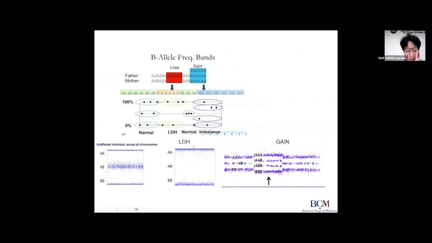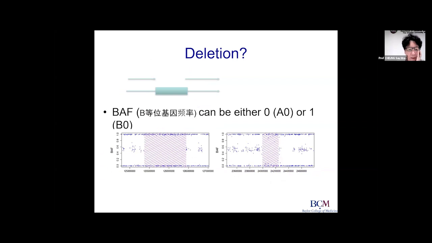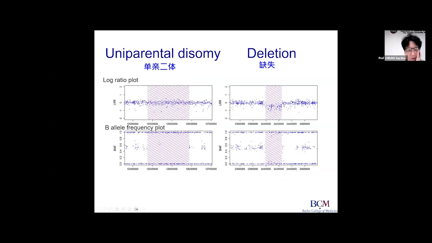But if there's loss of heterozygosity, then you don't have AB, either AA or BB. If it's a gain, then you would have AAA, AAB, ABB, and BBB. Then you have 4 lanes. So when it's a deletion, the B allele frequency can be either 0 or 1, because it's either A or B, meaning that 0 and 1.